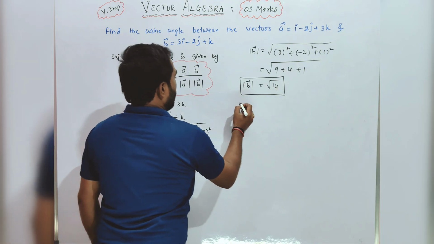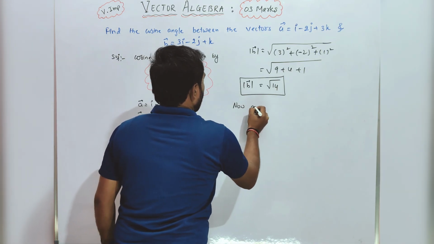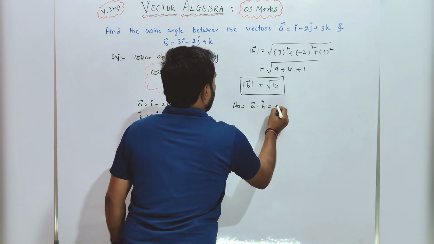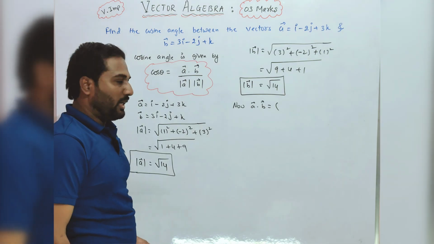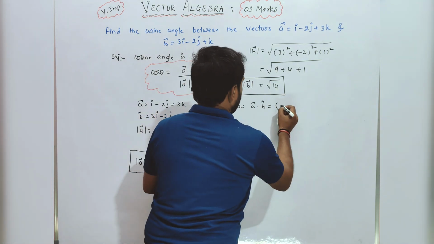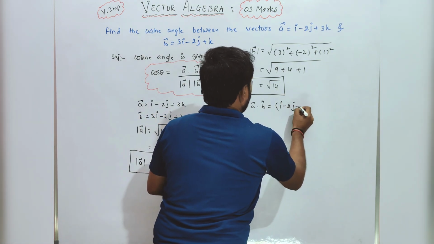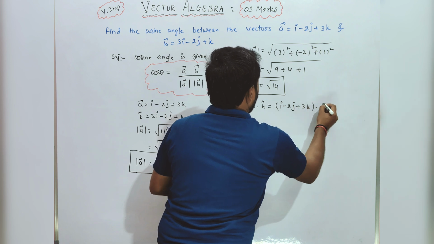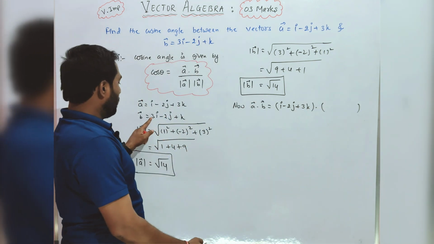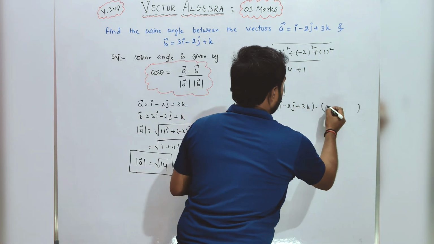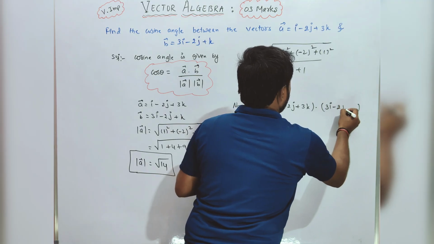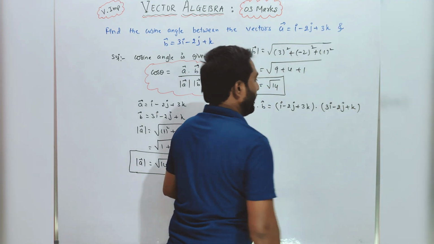Now a dot b, simple a dot b. First I'll write the vector a, i minus 2j plus 3k, dot vector b, 3i minus 2j plus k.